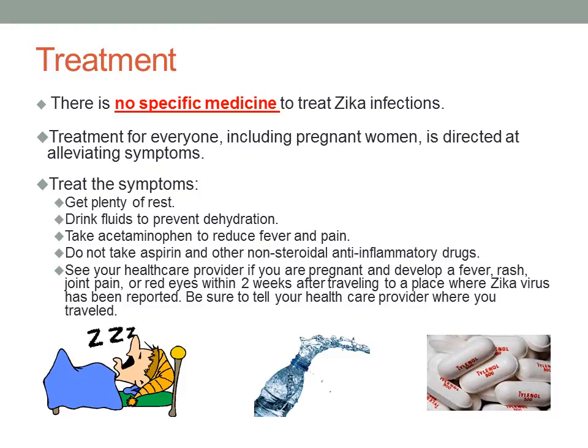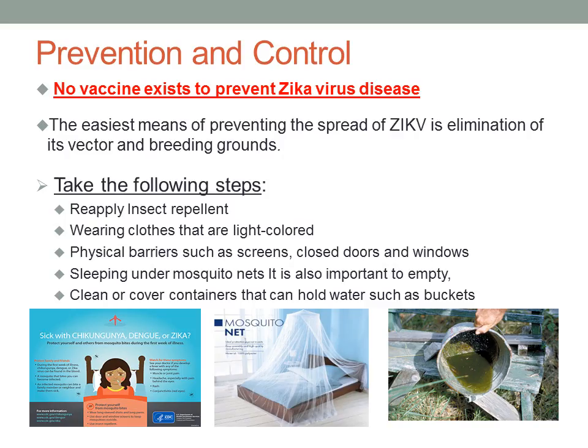However, patients should not take aspirin and other non-steroidal anti-inflammatory drugs until dengue can be ruled out to reduce the risk of bleeding. Patients should see their healthcare provider, especially if pregnant, and develop symptoms within 2 weeks after traveling to a place where Zika virus has been reported. No vaccine currently exists to prevent Zika virus disease.